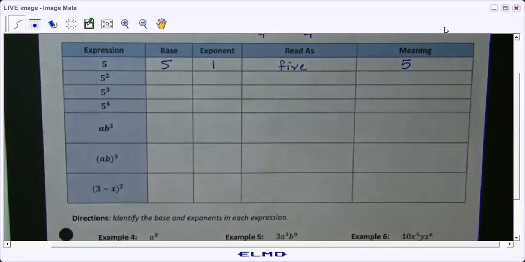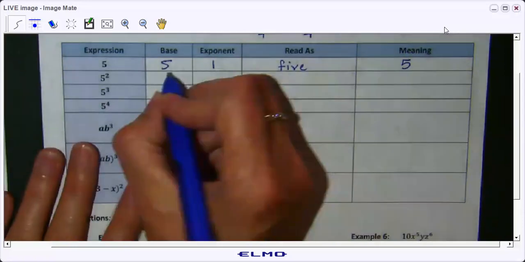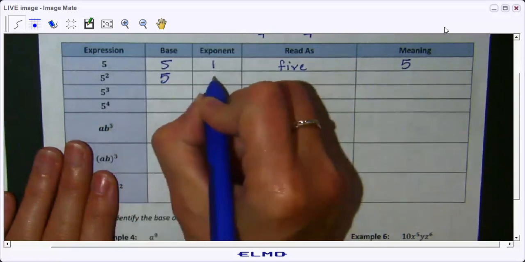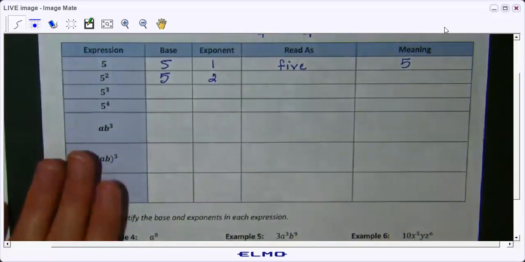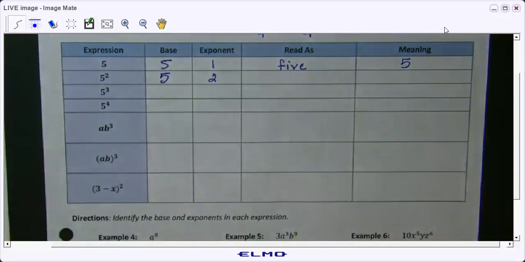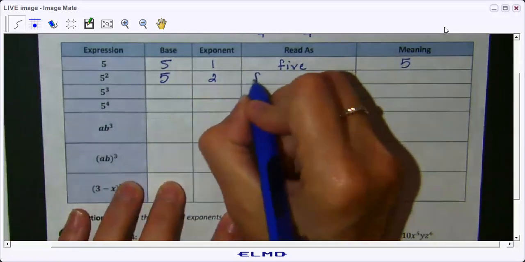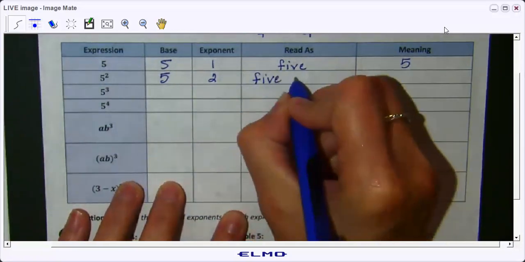Now let's go to the next one. The base number again is 5. Your exponent is 2. When I say read as in words, it's read as 5 squared.